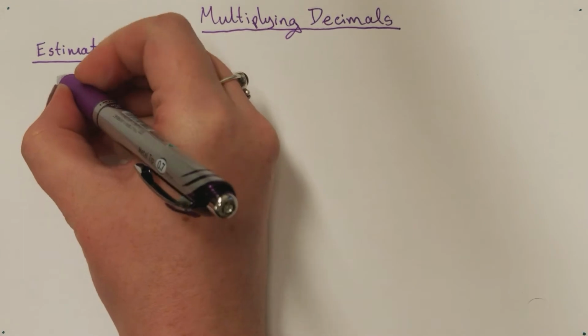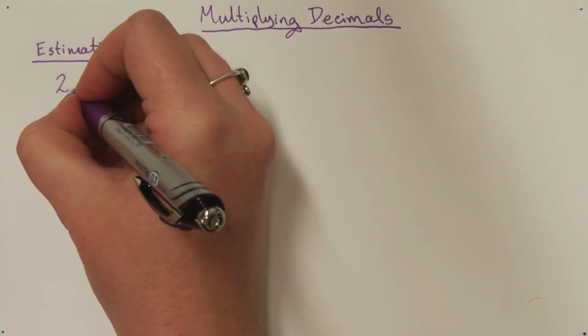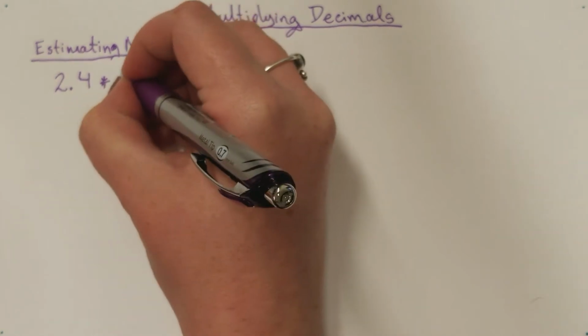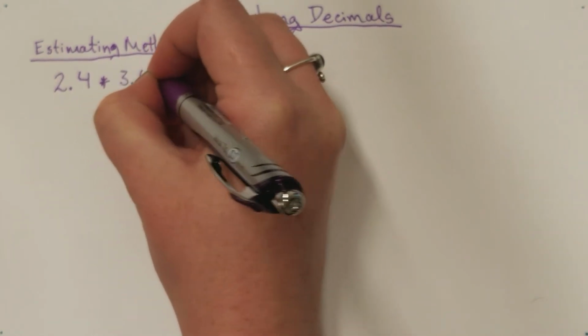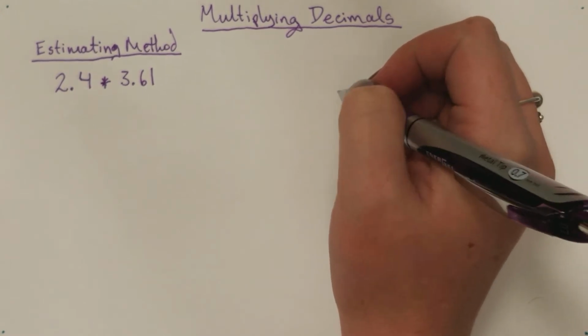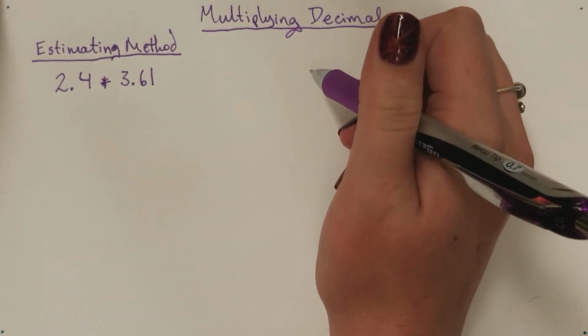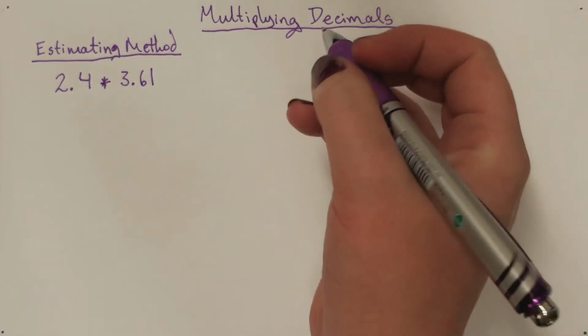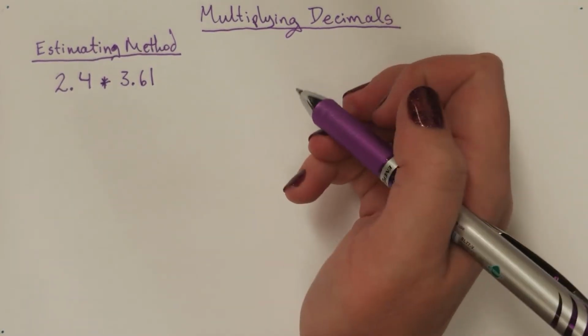So let's say that we have the numbers 2.4 times 3.61. Well, as some of you may remember, whenever you multiply decimals, you multiply using the whole number version of the decimal.